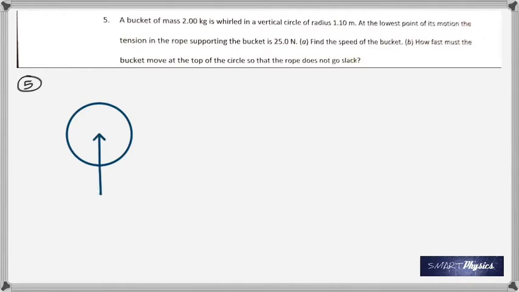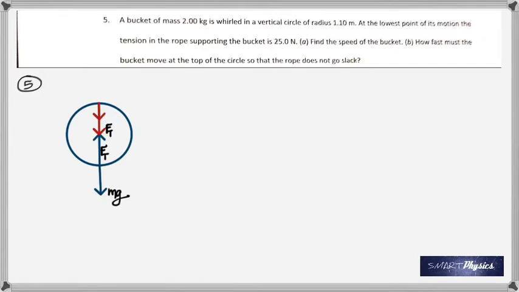So when you look at the object, at the lowest point, the forces acting are the weight acting vertically down, mg, and tension in the string, Ft. At the highest point, the weight mg and the tension Ft both are acting down.